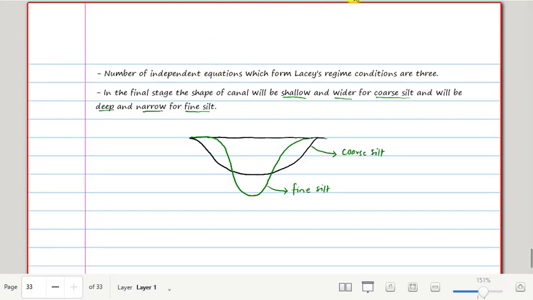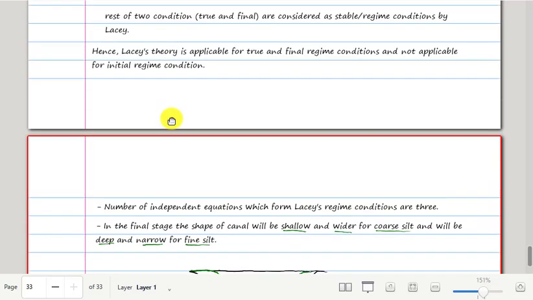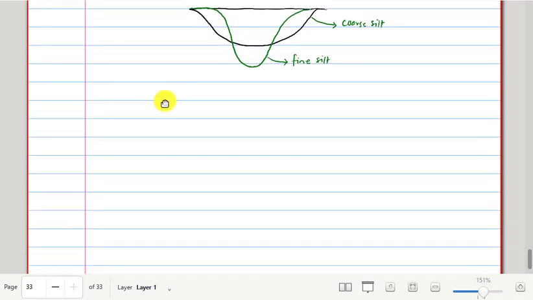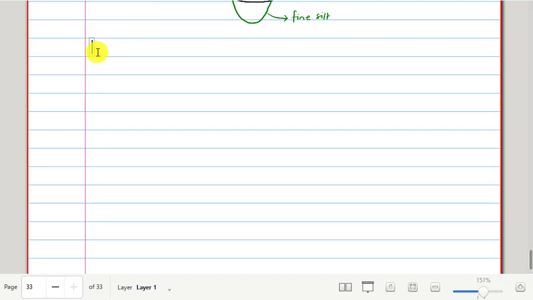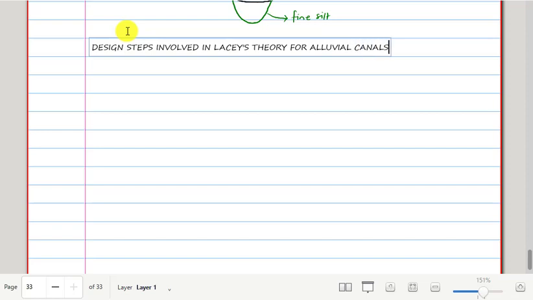Let's move forward and try to discuss the design steps involved in Lacey's theory for alluvial canals.